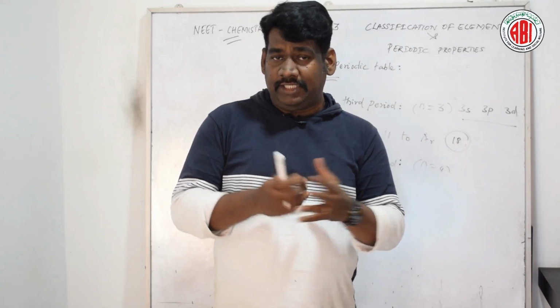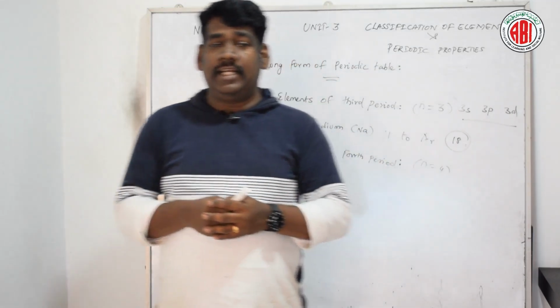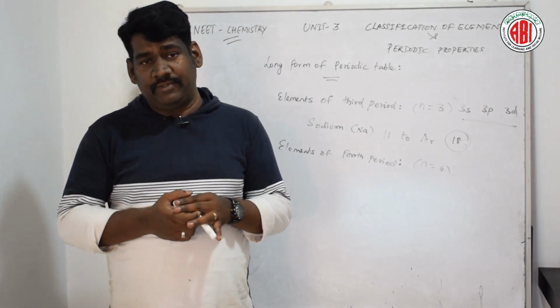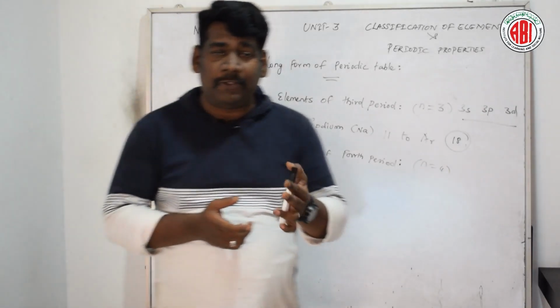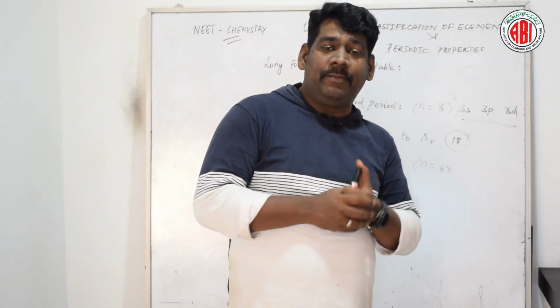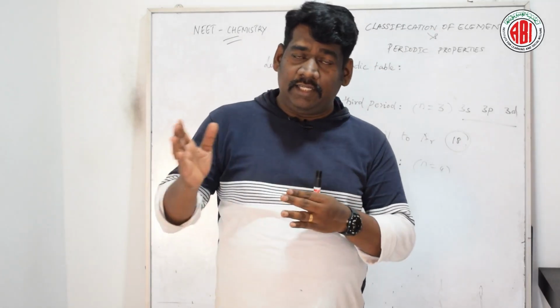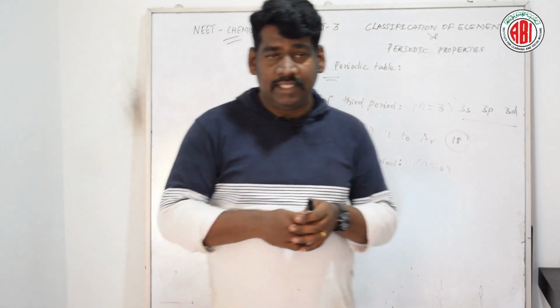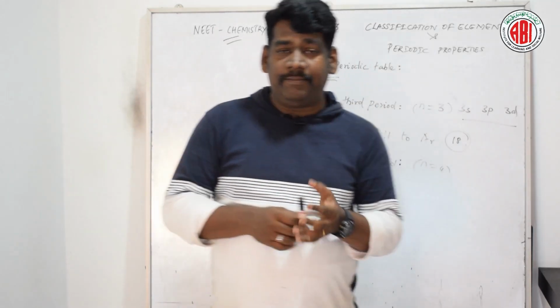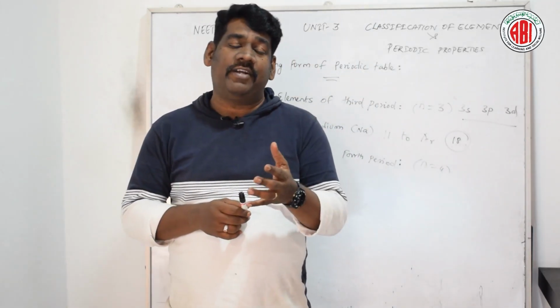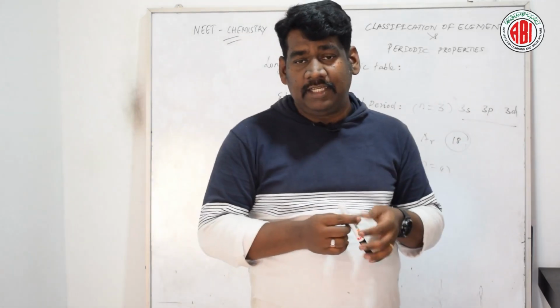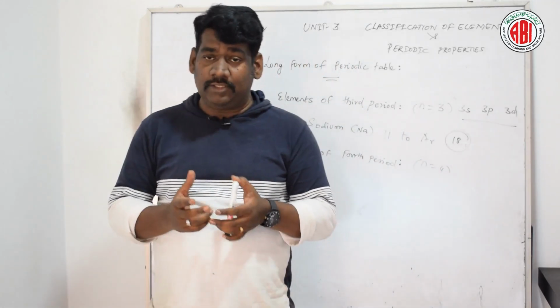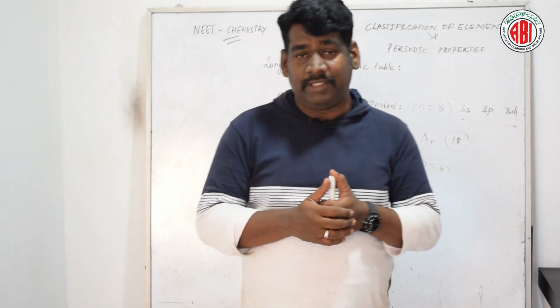In this period there are 18 elements, starting from potassium, atomic number 19, and leading to krypton, atomic number 36. In this period we come across elements involving the filling of 3d orbitals. These are known as the transition series of elements.